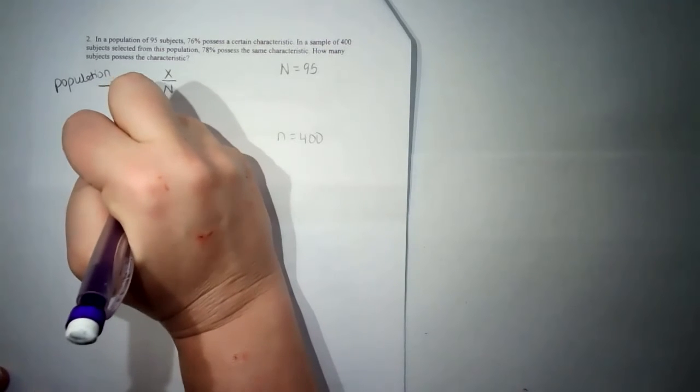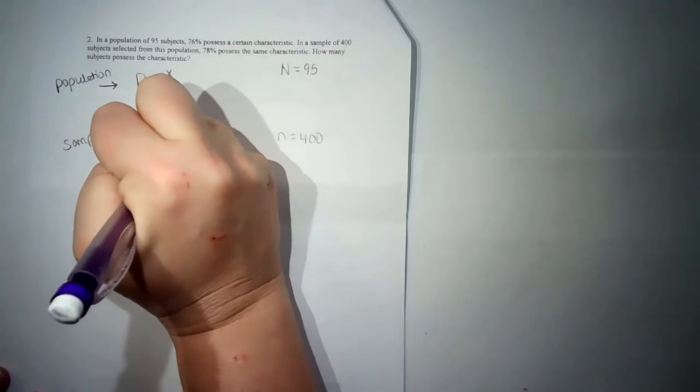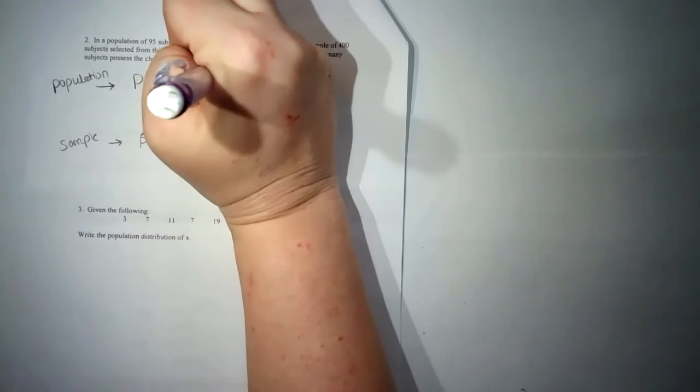Remember, that's where little p hat comes into play, with little x over little n. Those are those two formulas we talked about. Then they want to know how many subjects possess the characteristic. So what they want you to solve for is big X and little x for each one, for the population and the proportion. That's all they want you to do.